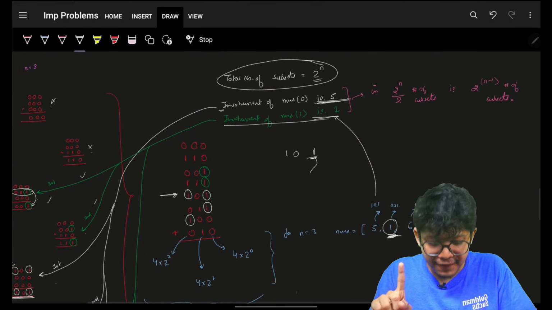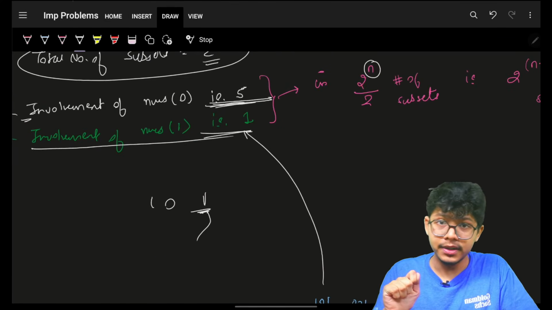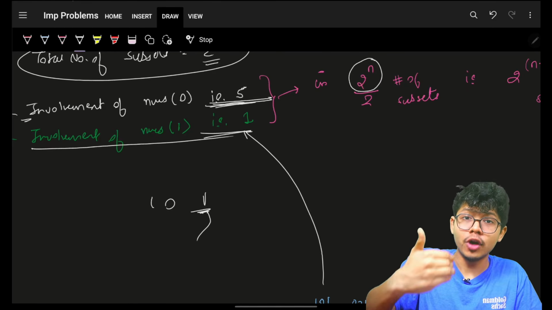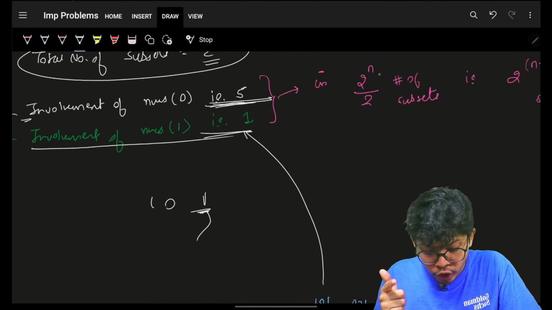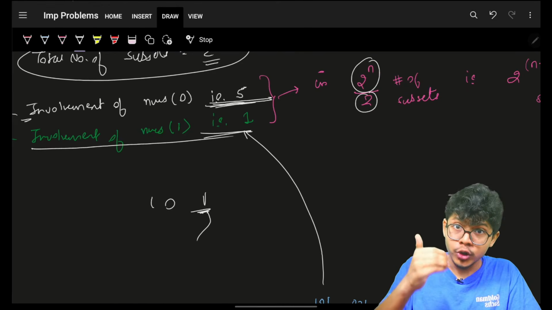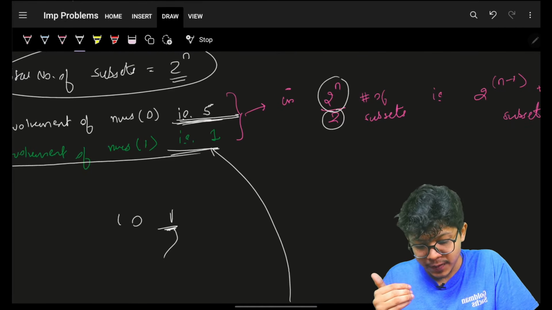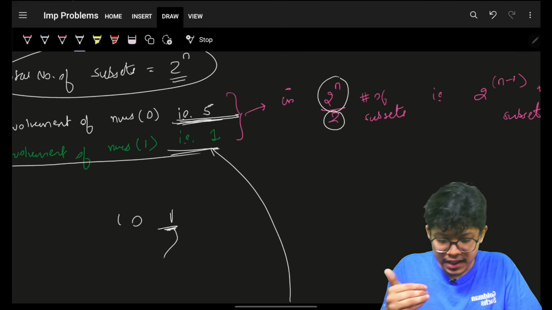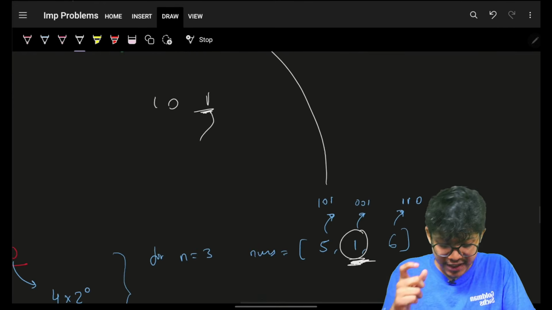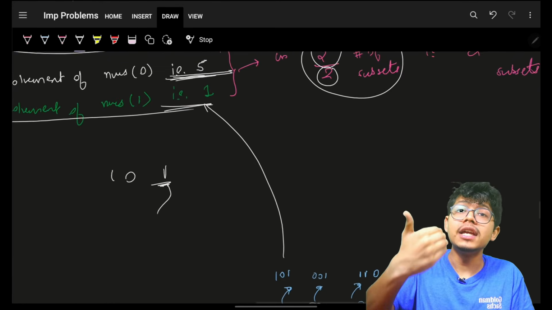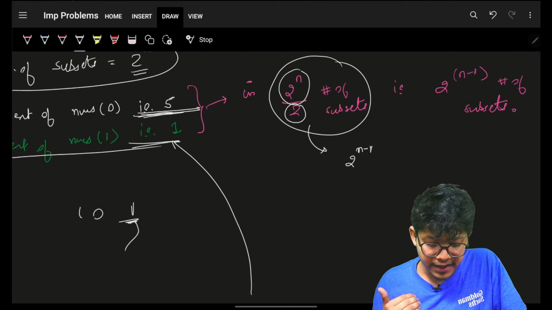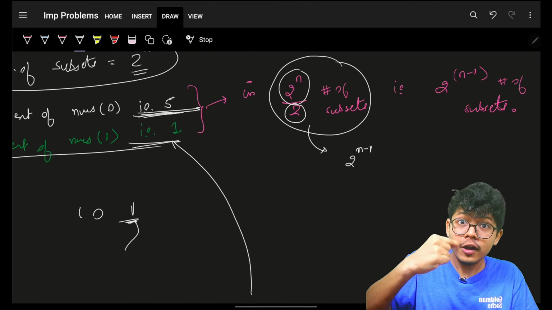If I have n numbers, I will have 2 raised to power n subsets, then 2 raised to power n upon 2 subsets will be there where a specific nums of i will be involved. This is nothing but 2 raised to power n minus 1. So this is the involvement of a number.